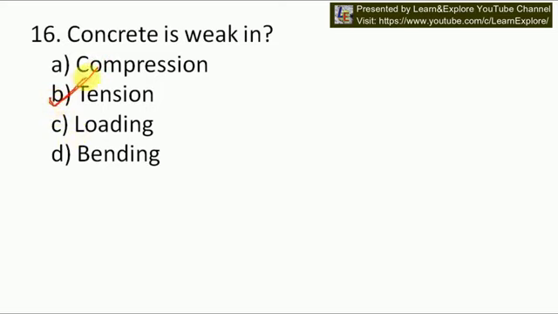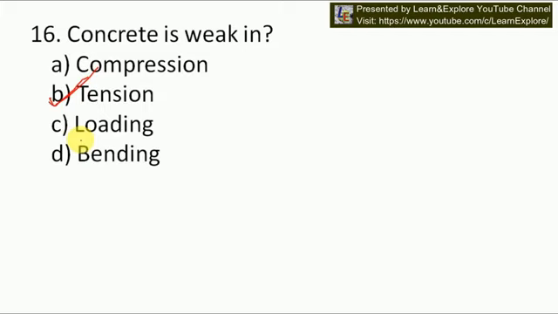So we all know the answer, but what is the reason why concrete is weak in tension? Because concrete is not able to resist direct tension in comparison to its ability to resist direct compression, because of its low tensile strength and brittle nature. It has essentially zero strength in tension.